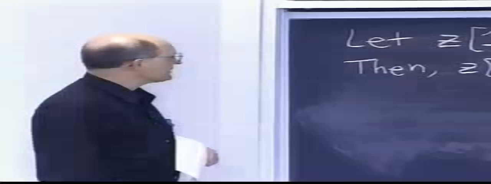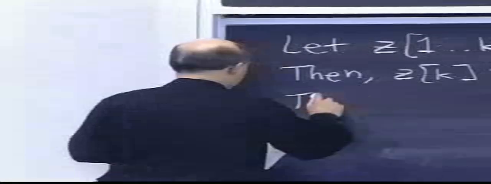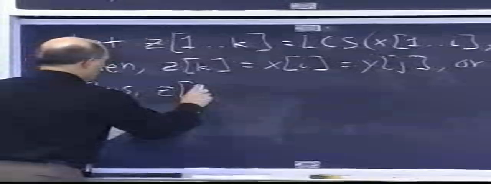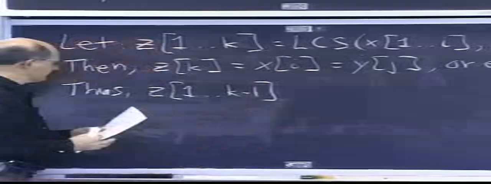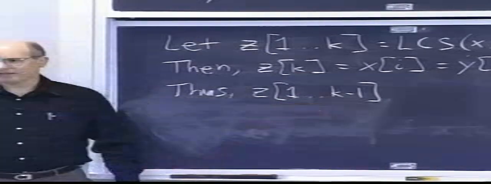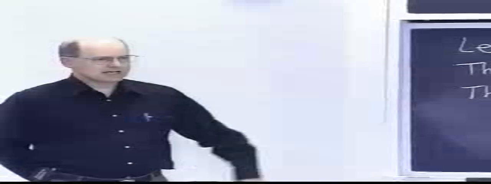Okay. So if that's the end, then what property do I have of Z of 1 to k minus 1? What property does Z, just the prefix of Z that doesn't include this matching character at the end, what do I know about that? Yeah.